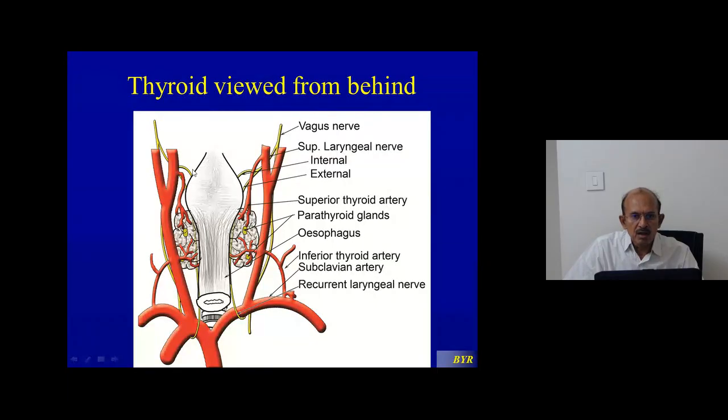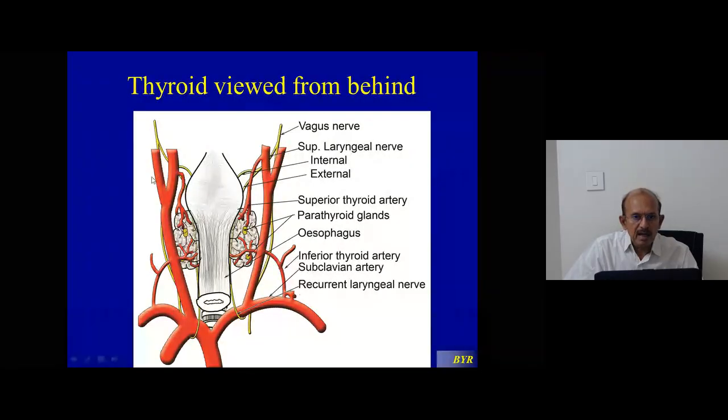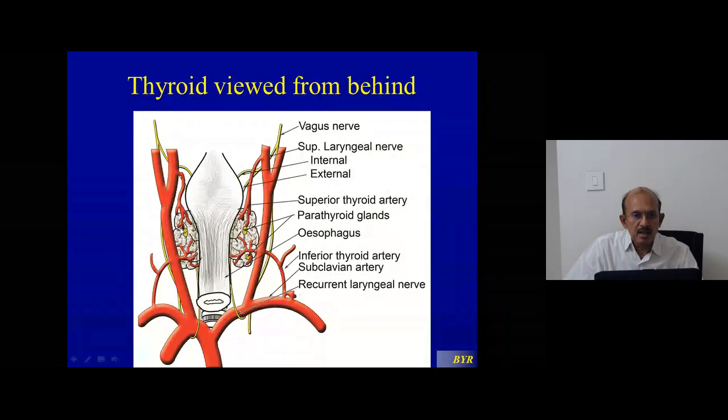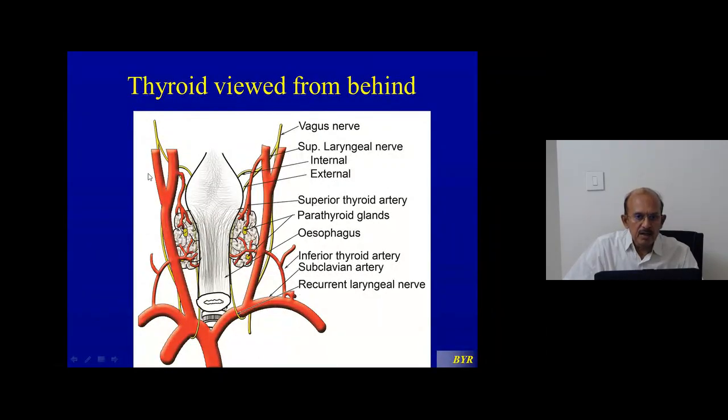The danger to the internal laryngeal nerve occurs only in case of glands which have enlarged superiorly and more posteriorly. So that means superior pole lesions. A large nodular goiter, solitary nodule, mass arising from the superior pole of the thyroid gland. So almost occupying here. Then this nerve will be in danger.